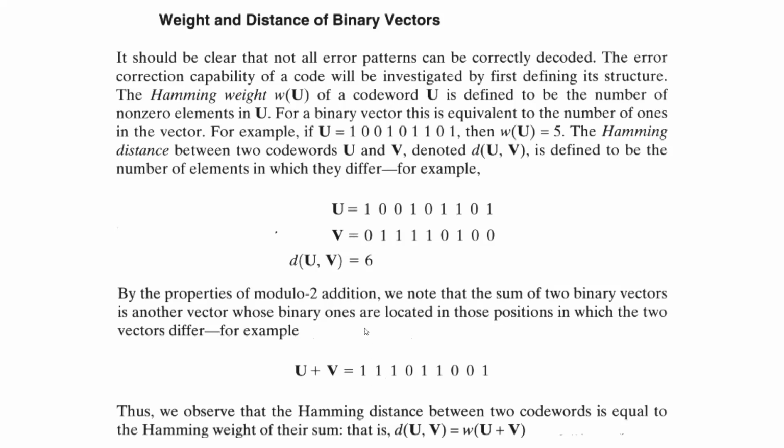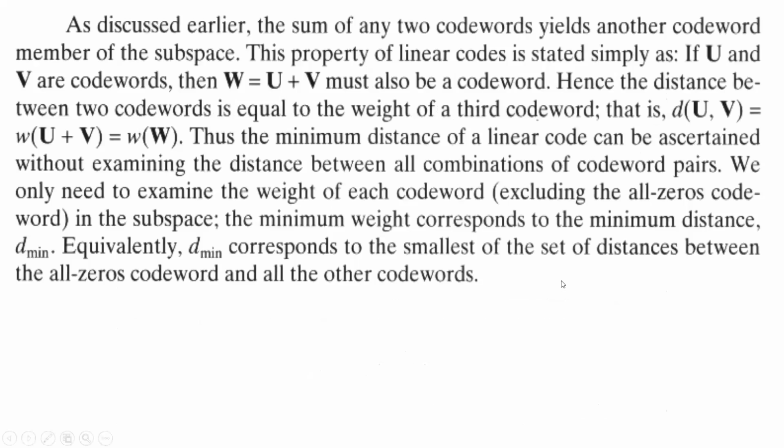The number of ones that we get in the addition of the two vectors is the distance between these two vectors, but the number of ones in this vector is the weight of this addition, u plus v. So that's what is said here. The distance between the two vectors is actually the weight of u plus v. So what we can do is that let me show you on the screen.